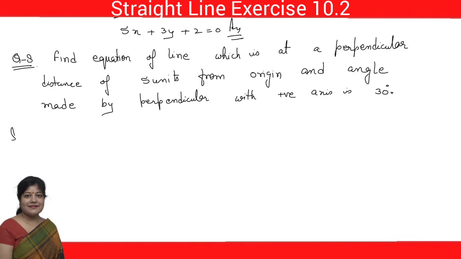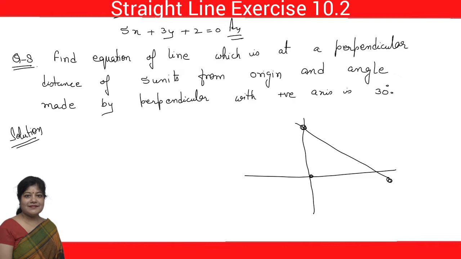Just read this question. Perpendicular distance from the origin is 5 units and the angle made by the perpendicular with the positive x-axis is 30 degrees. For example, this is the equation of the line, and this is our origin.